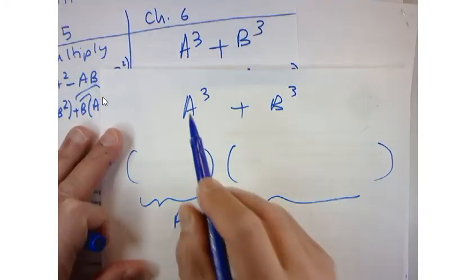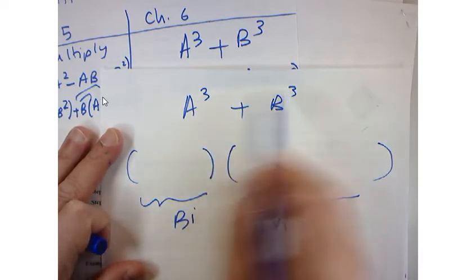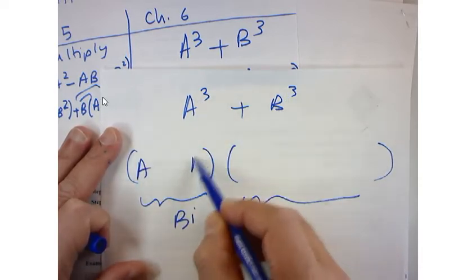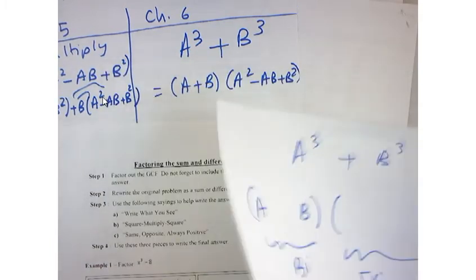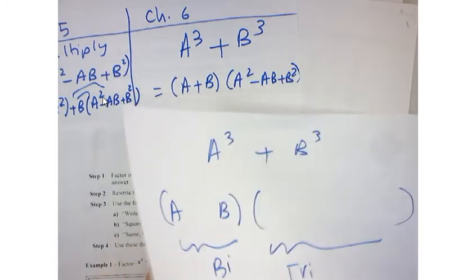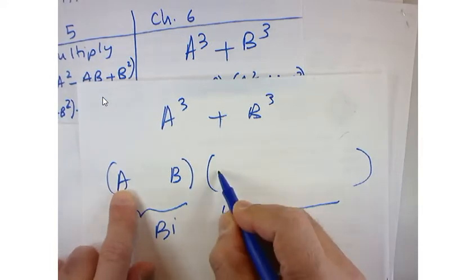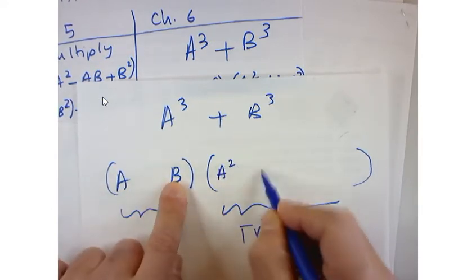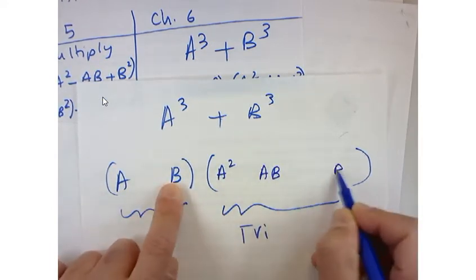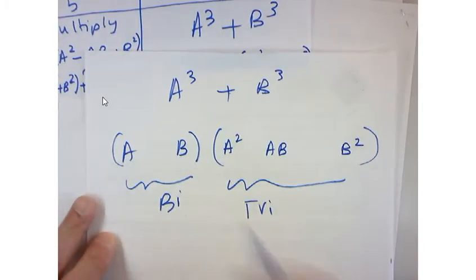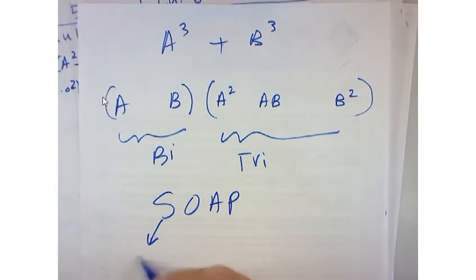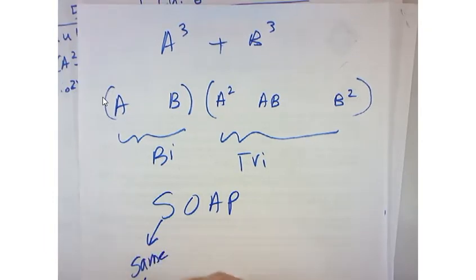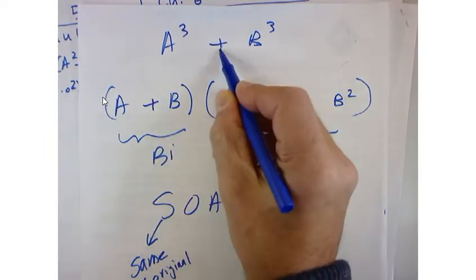Okay, and then for the binomial, you write what you see. So you write the a and the b without the exponents, and you forget about the sign. And then what you do after that, you square, multiply, square. So you square a, multiply a and b, and then square b. And for your signs, you use SOAP. Same as the original, which is a plus because the original is a plus.